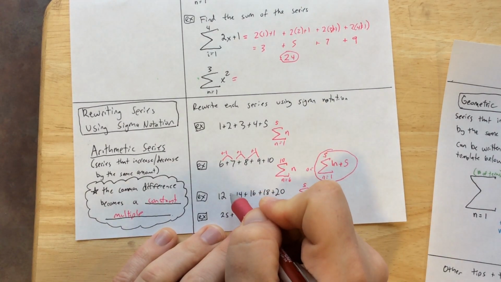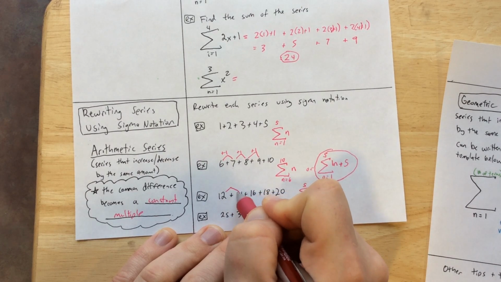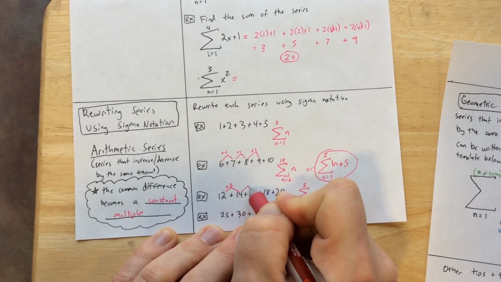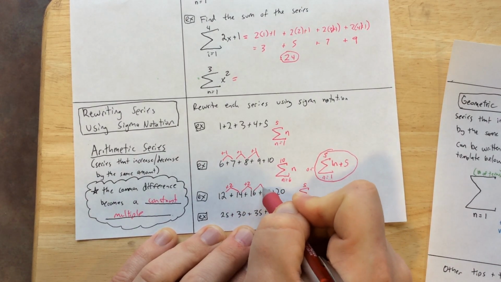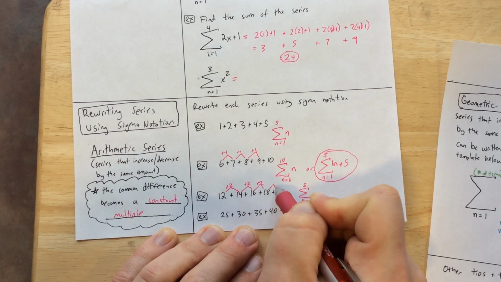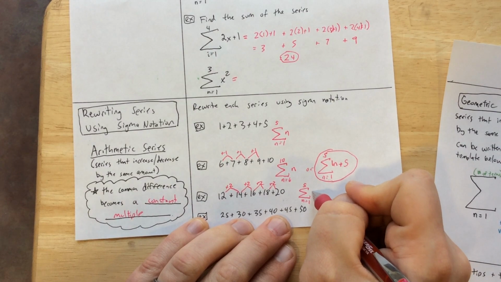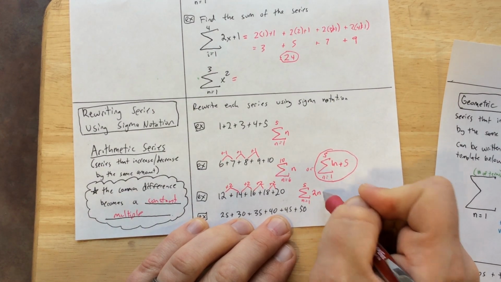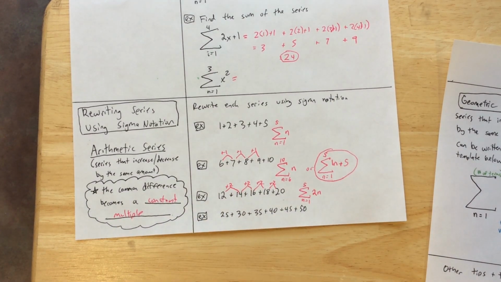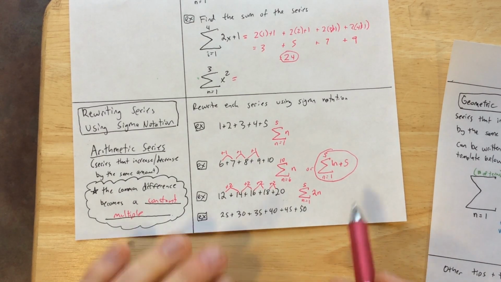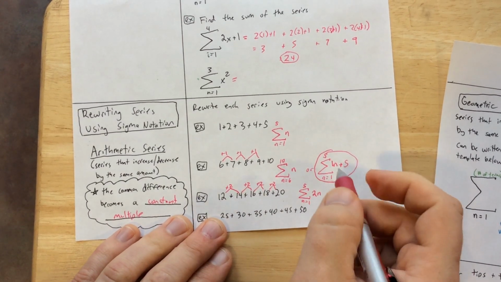This time, it looks like it's increasing by 2 each time, plus 2, plus 2, plus 2. And so that 2 becomes my constant multiple. The only thing left is to figure out that last little adjustment I made on the previous one.